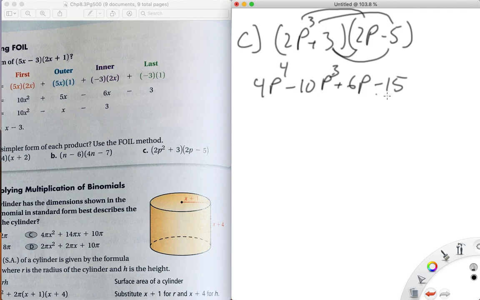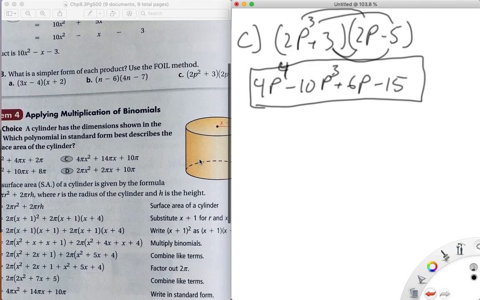There aren't any like terms to combine. This is p to the third power, this is p, so they're not the same. Therefore, it's already simplified. So I am done.